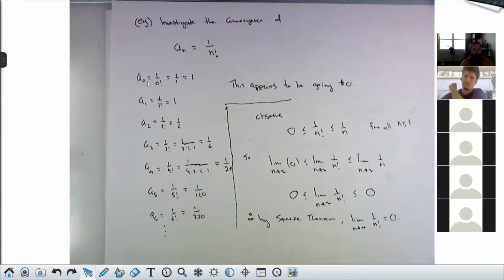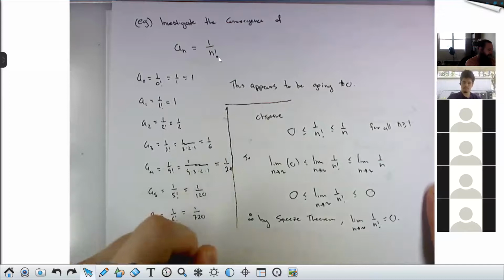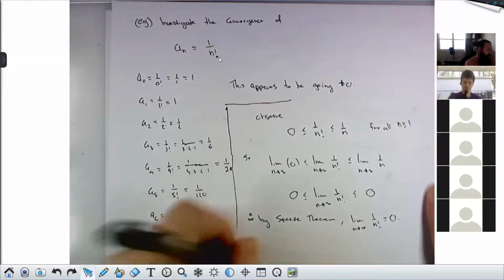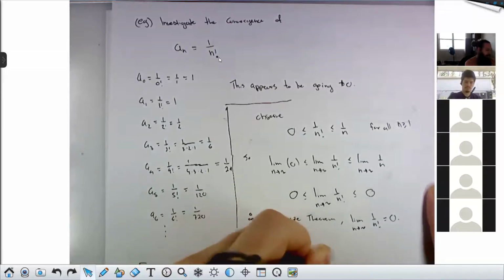N factorial grows really fast. It grows faster than any polynomial. It grows faster than any exponential. So its reciprocal goes to 0 really fast. A neat fact: n factorial grows really, really fast.